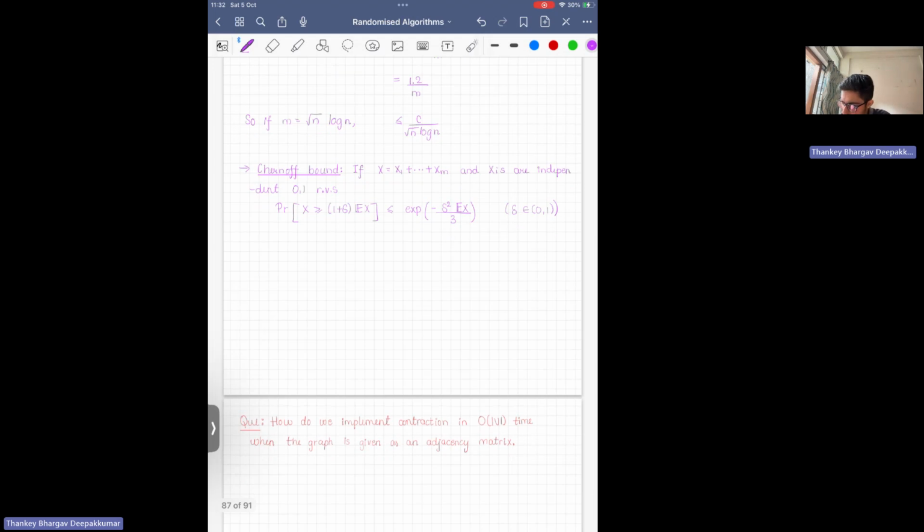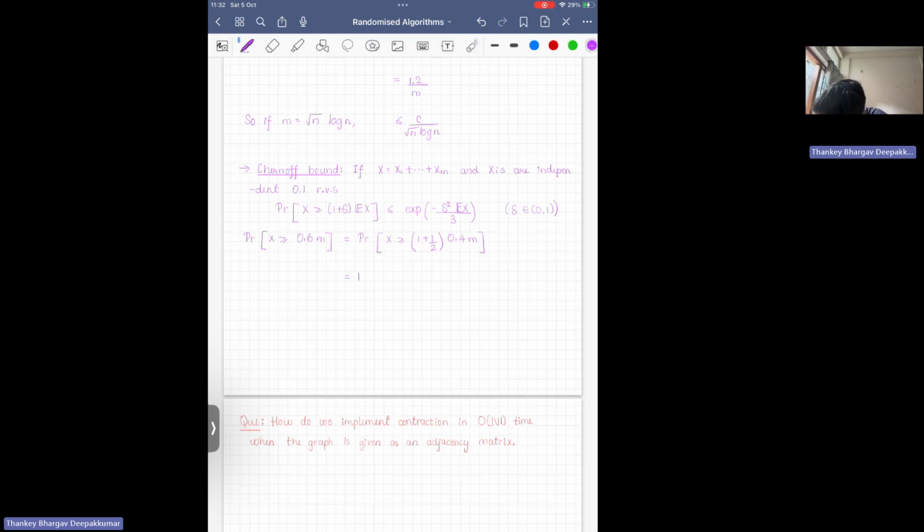Okay, so let's find out the delta over here. So what are we interested in over here? We are interested in x, and I'm writing this in the form 1 plus delta times expected value.